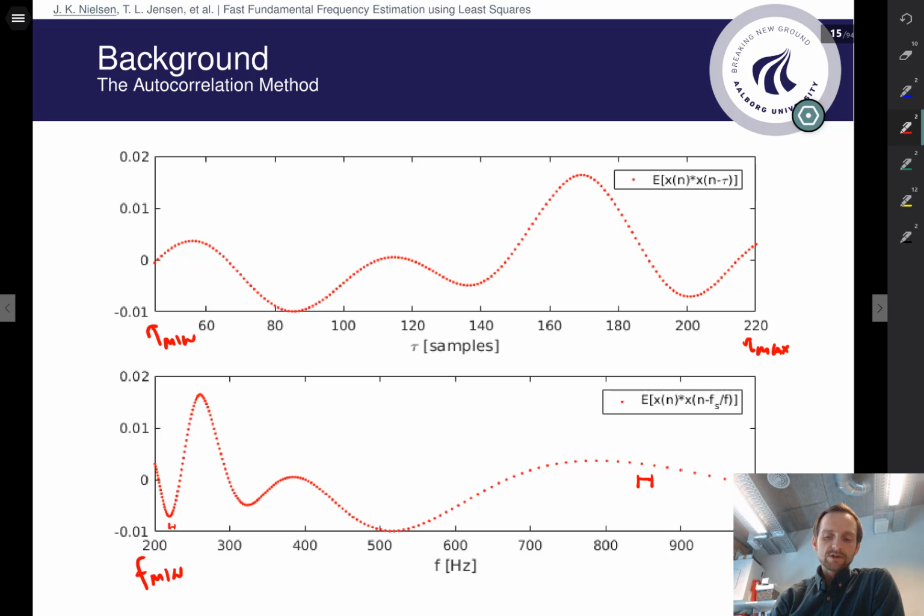This is an inherent problem of the autocorrelation method: the resolution is limited by the sampling grid. So many methods based on the autocorrelation principle include some kind of interpolation to get a subsample fundamental frequency estimation accuracy. But I'll not go into this this year.